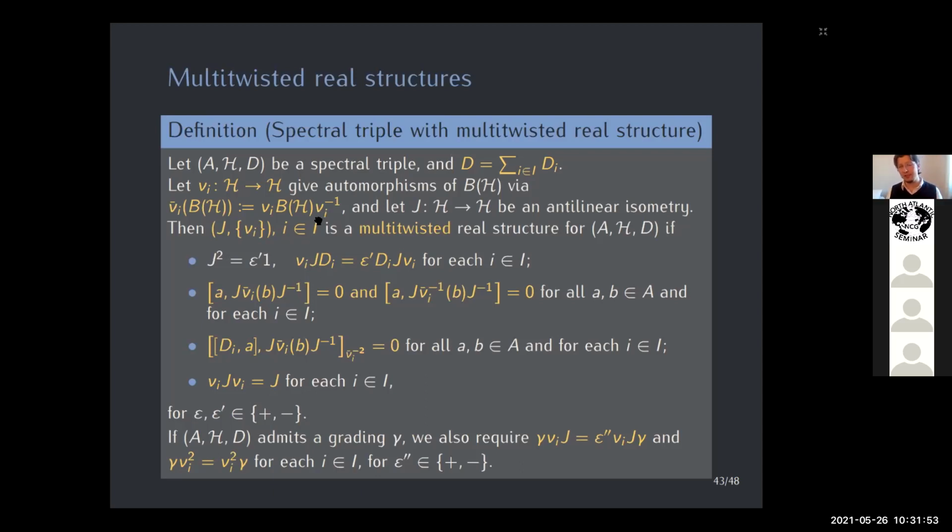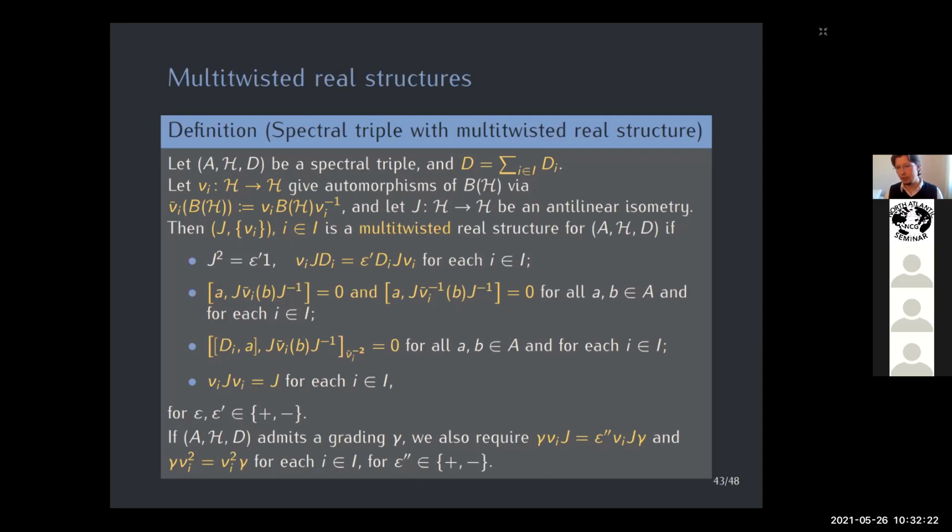So take a step back and only implement automorphisms of bounded operators. But then you need to implement not just the zeroth order condition, but you need to incorporate the twists. In particular, you need to incorporate the twist going one way and its inverse on the other side. And again, we have I-many twists, so we have I-many conditions. And again, the grading compatibility conditions and so on.